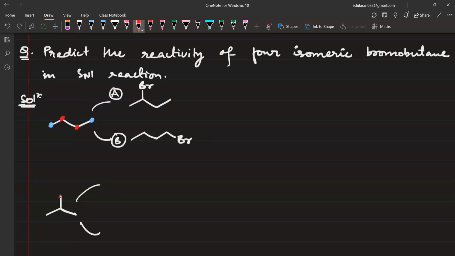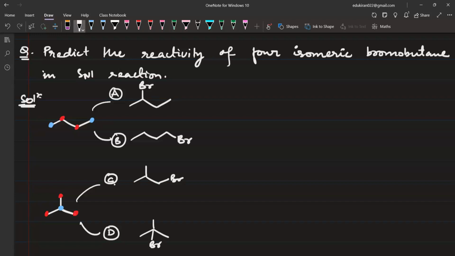One will be when the bromine is attached in one of these carbon atoms, and the other would be when the bromine is attached on the central carbon atom. So let us see this. The C structure that we can have, Br, and the CH3 is here. The D structure that we can have is the Br is here. So all of you understood this? Yes or no, please tell me. The 4 isomers of bromobutane.